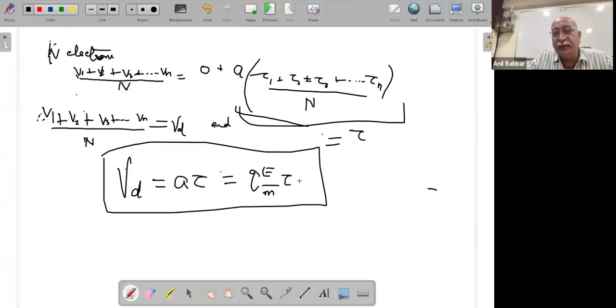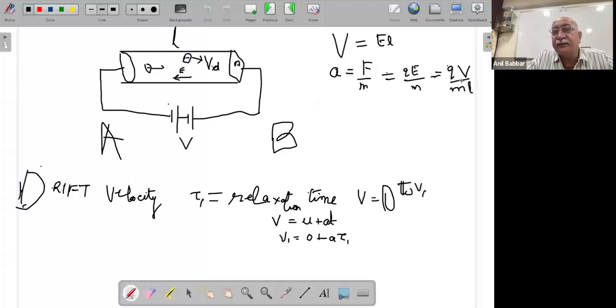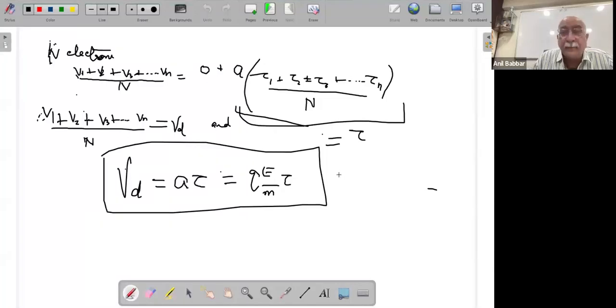Instead of E, we can also write V by L, so Vd equals Q V by L m into tau. This is the formula for the drift velocity.